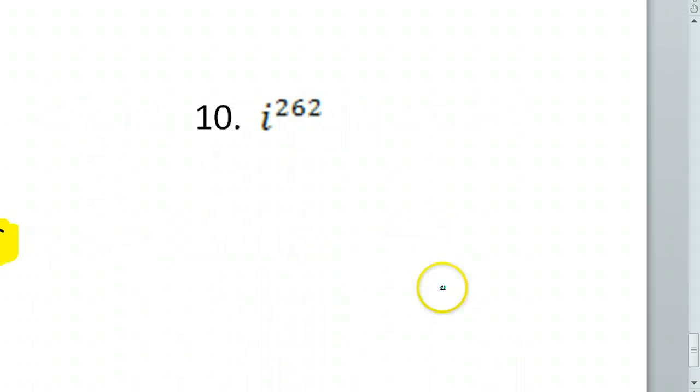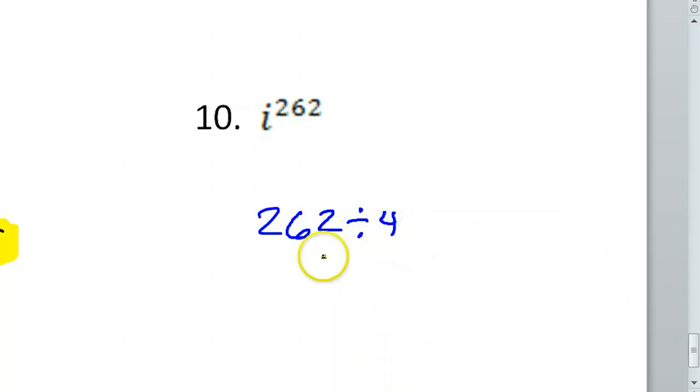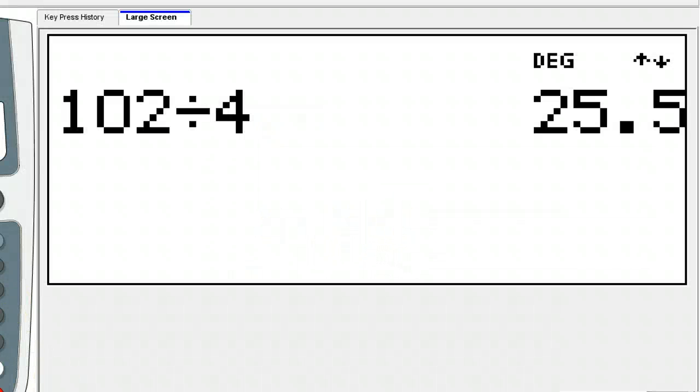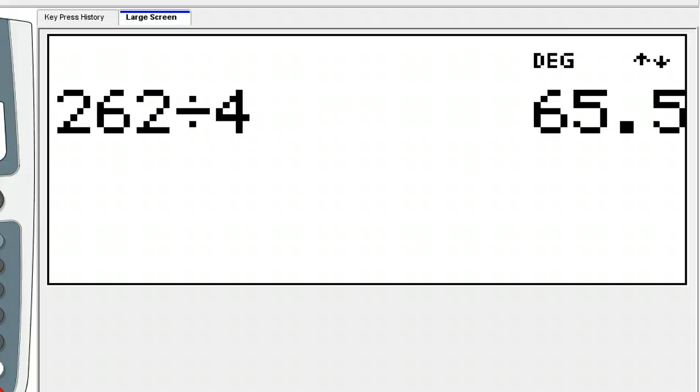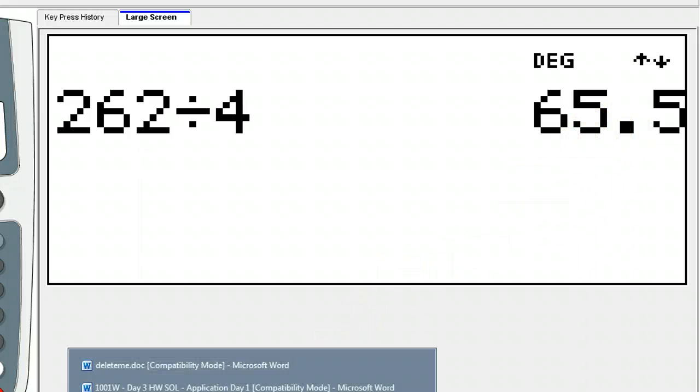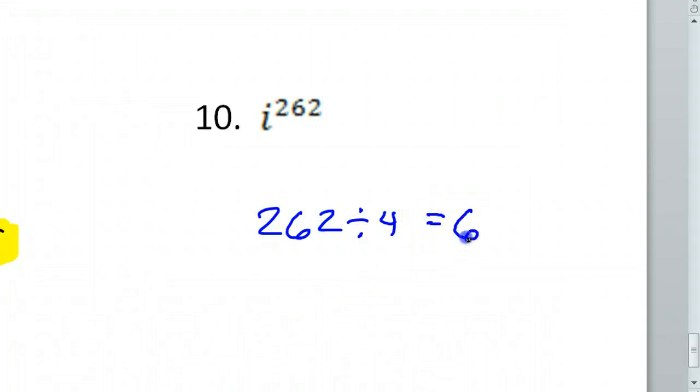And here's the last one. Using the shortcut, we'll take 262 and divide by 4. That's 65.5. Again, all that matters is the decimal part, 0.5.